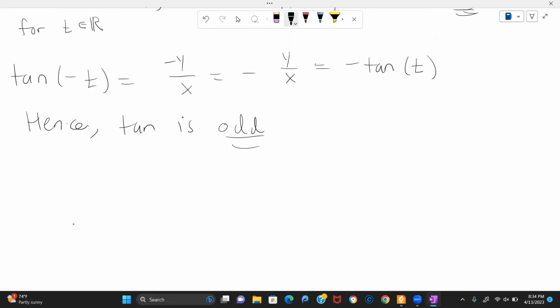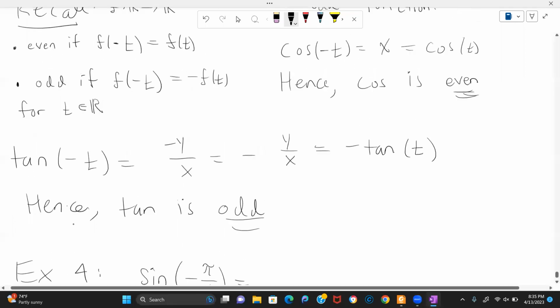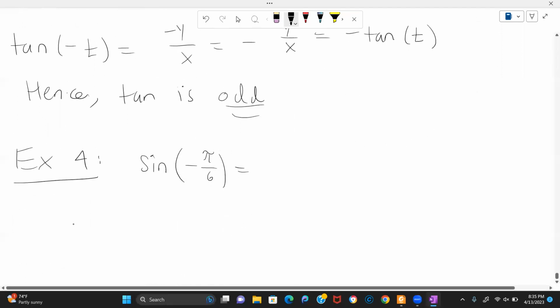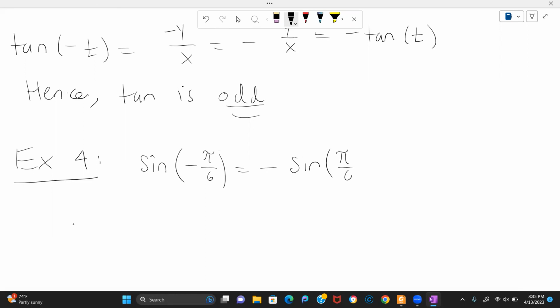So for example, let's do example 4. We want to determine the sine of negative pi over 6. Now, because this is an odd function, we can basically factor out the negative, pull the negative out, and write it like this.